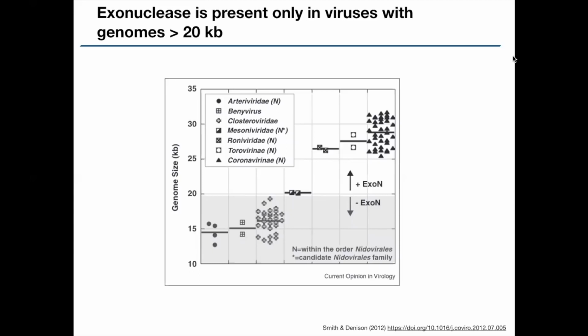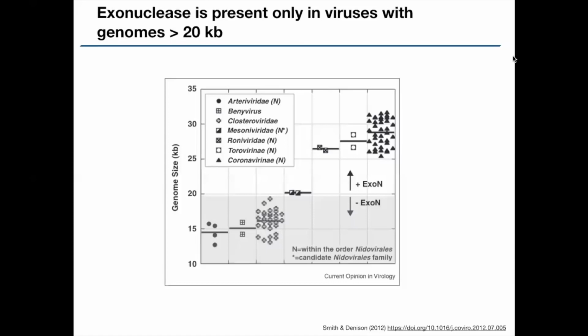Now, there are viruses, as I mentioned, coronaviruses and others in a larger grouping of similar viruses called Nidovirales, that have shockingly large RNA genomes, 30 kilobases. We even know some that are now beyond 30 kilobases, exceeding the theoretical threshold. And many of these viruses have this exonuclease activity present.